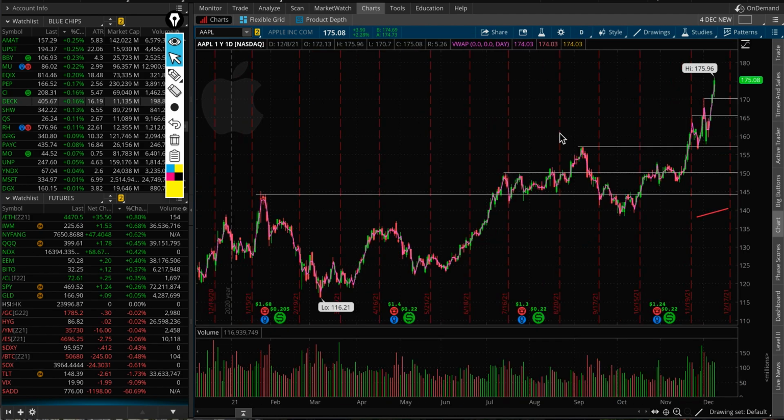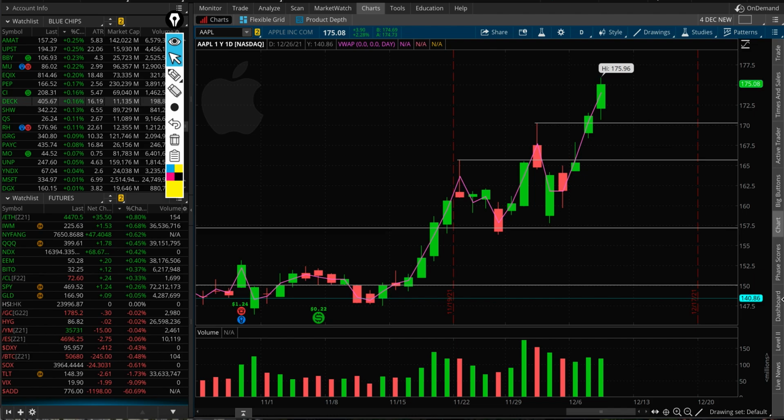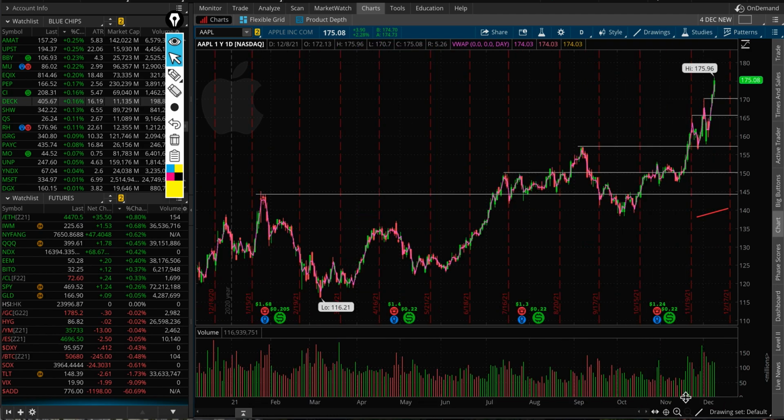So let's switch to a daily chart. All right. So what do you watch when a stock keeps making higher highs and there's no overhead resistance to watch? Well, sometimes when volatility is increased and momentum is to the upside, it's hard to tell how high the stock is going to go.